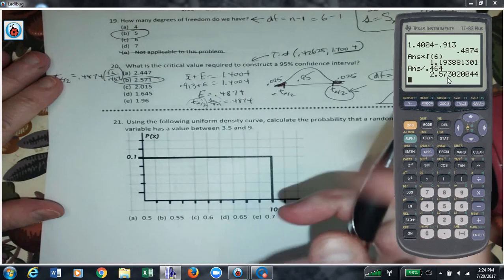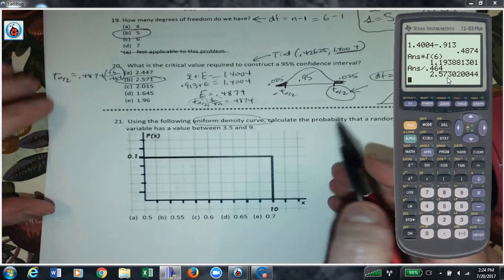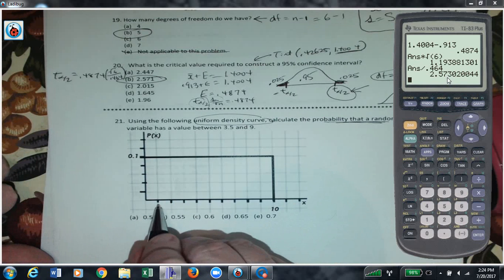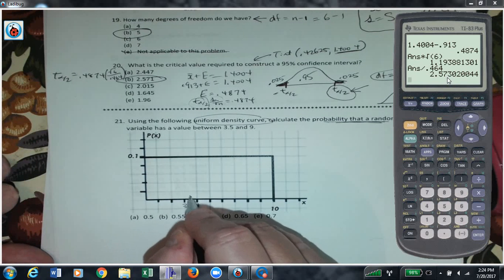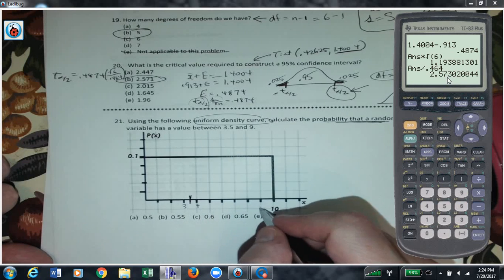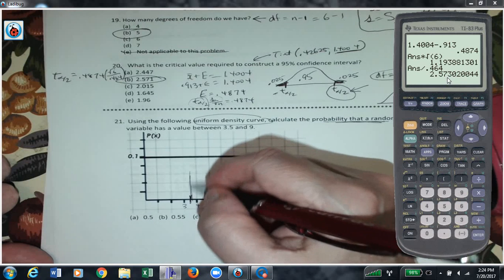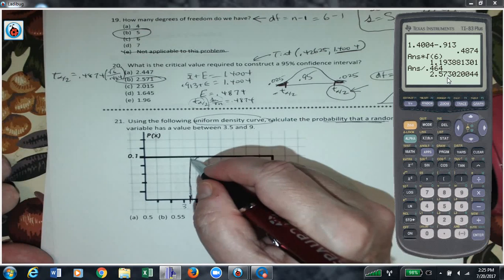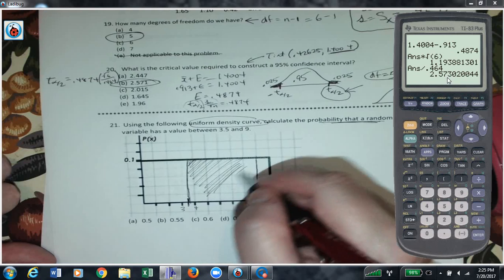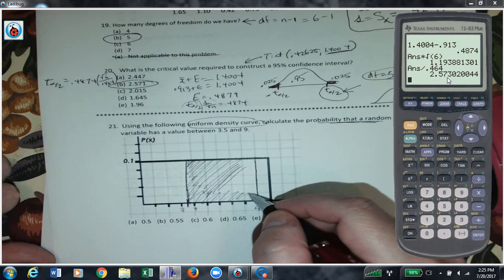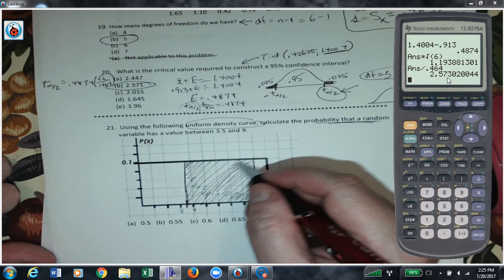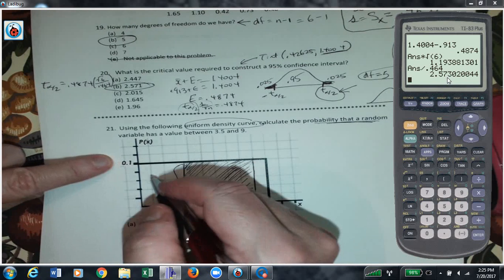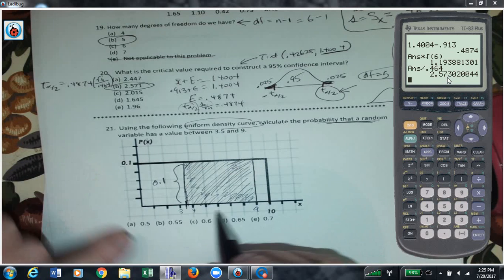Okay, now we have a uniform density curve. Calculate the probability that a random variable has a value between 3.5 and 9. So there's 3.5, there's 9, and I need to calculate this area. And the area I'm calculating is a rectangle. What's the height? 0.1. And what's the base?